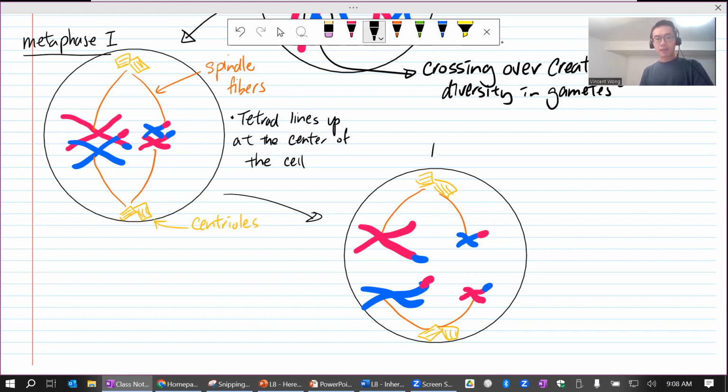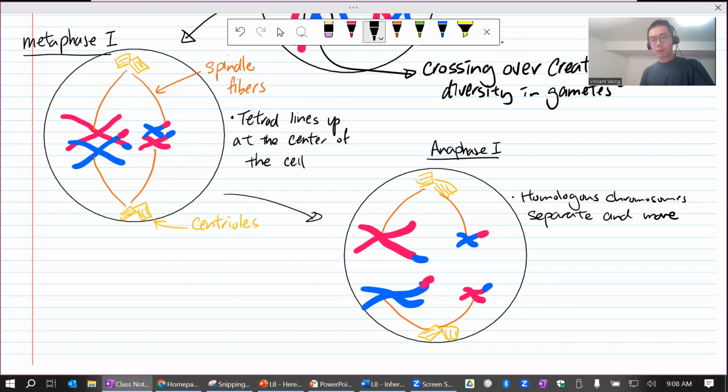So this is anaphase, where homologous chromosomes separate and move towards the opposite ends of the cell.